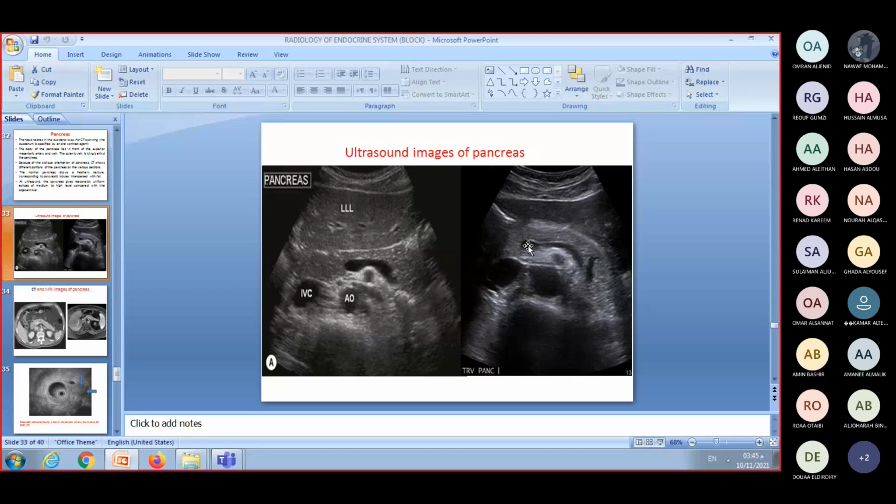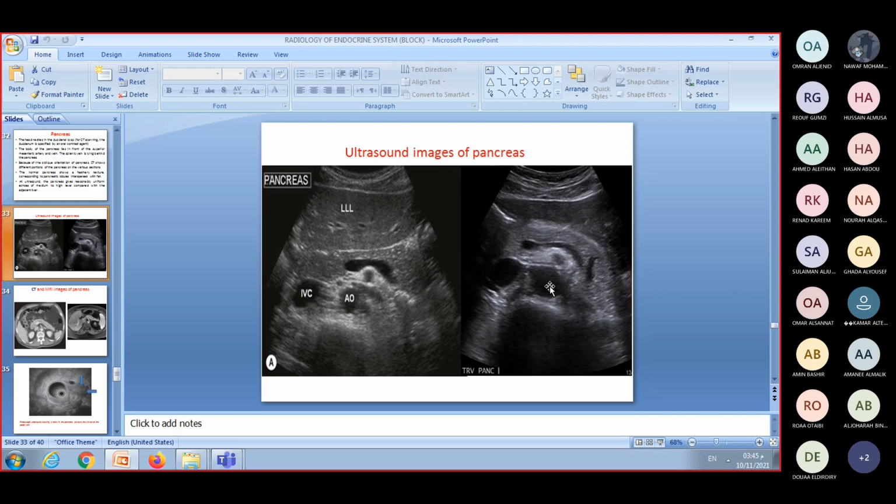This is the confluence between the splenic vein and the superior mesenteric vein. And this is the superior mesenteric artery. This is the splenic vein, this is the portal vein, IVC, aorta.